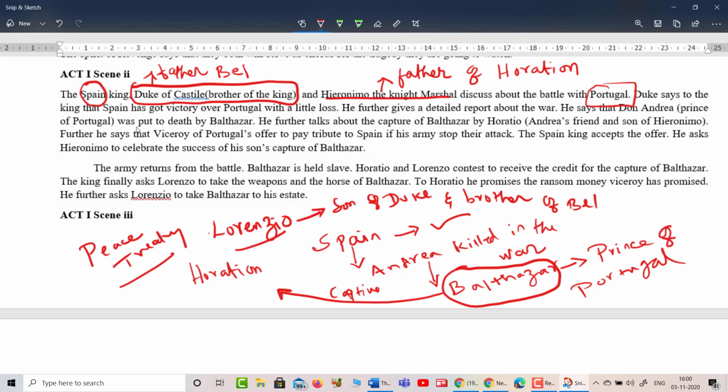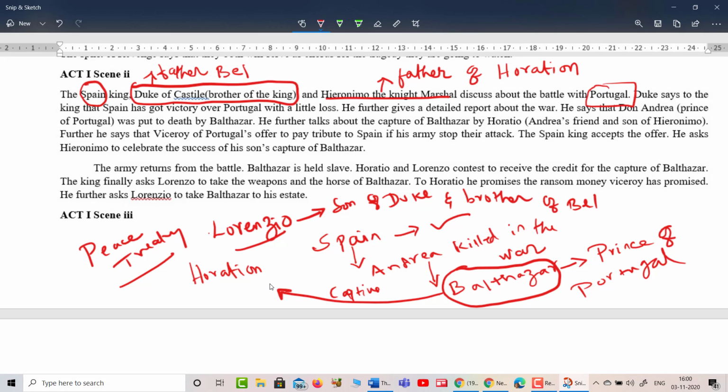Okay, here comes the scene 2, act 1, scene 2. We'll just sum up what happens in scene 2. Scene 2 opens in Spain, and there are two people, Duke of Castile and Hieronyma. Hieronyma is the knight marshal of Duke of Castile and father of Horatio, and they are discussing the war happenings with Portugal.